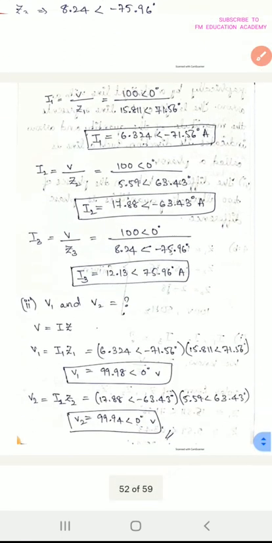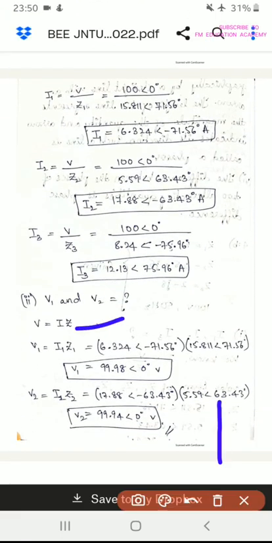Now to find V1, V2. We know V1 is equal to I into Z, so V1 is equal to I into Z1 and V2 is equal to I into Z2. Whatever values you are getting, you have to multiply those.